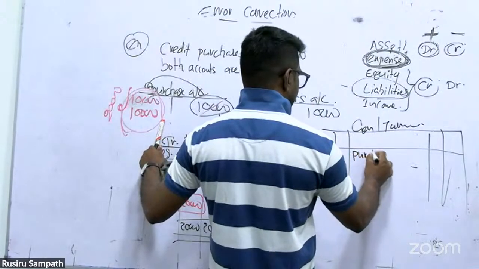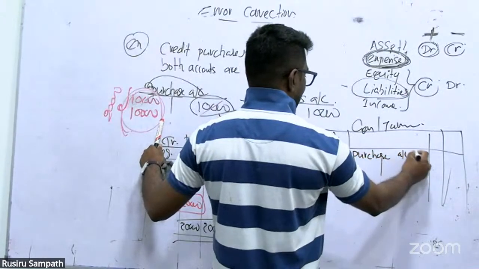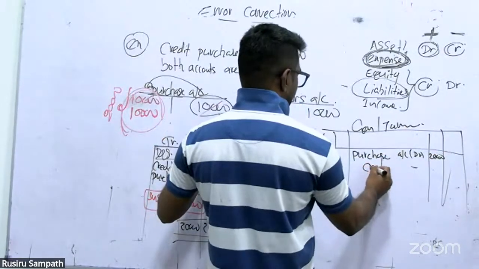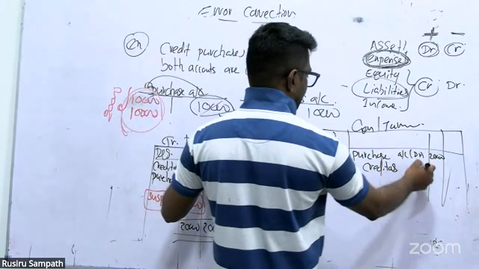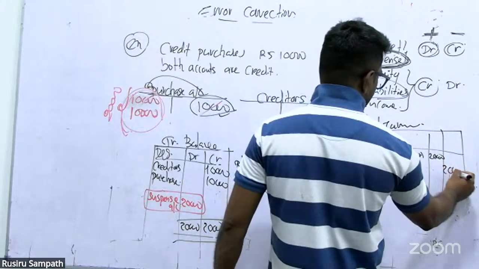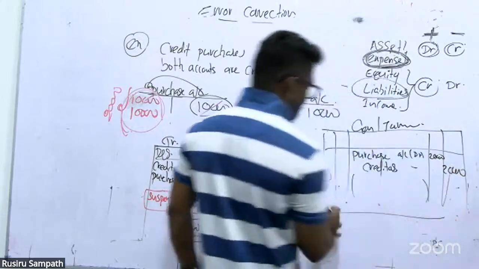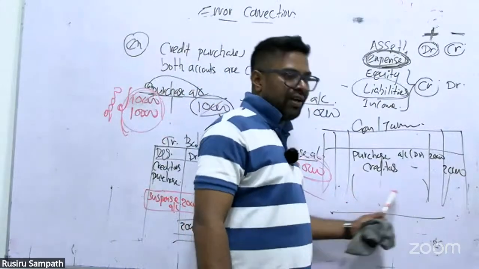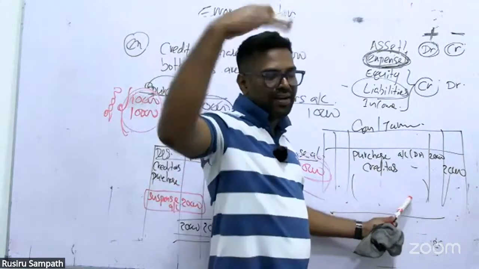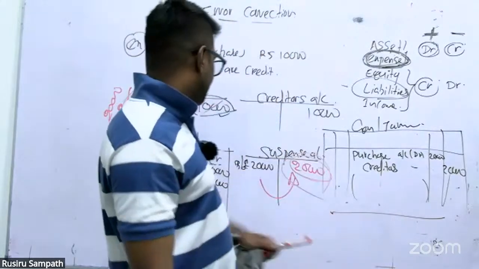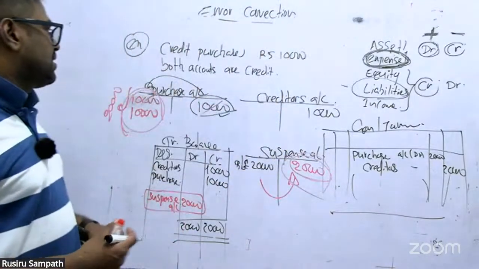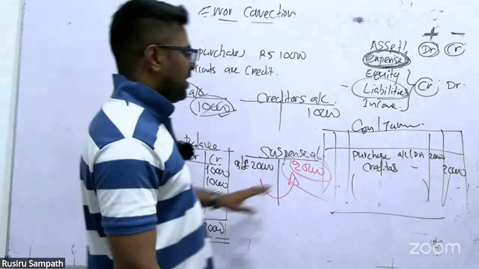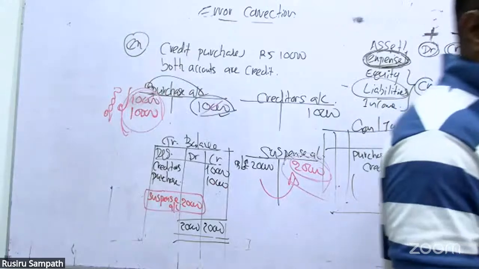Purchase account debit 20,000, and creditors account credit 20,000. And also write the narration: correction of trade purchases 10,000, both accounts are credited. That is the narration.